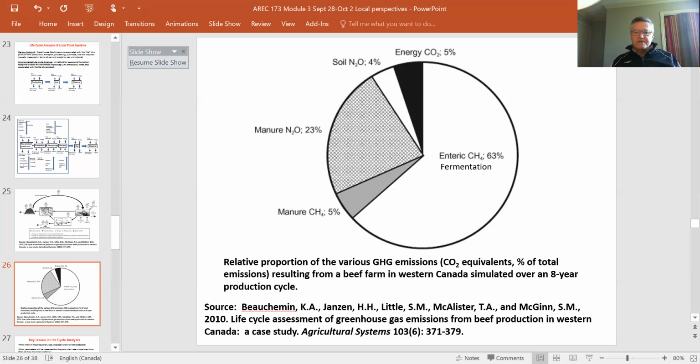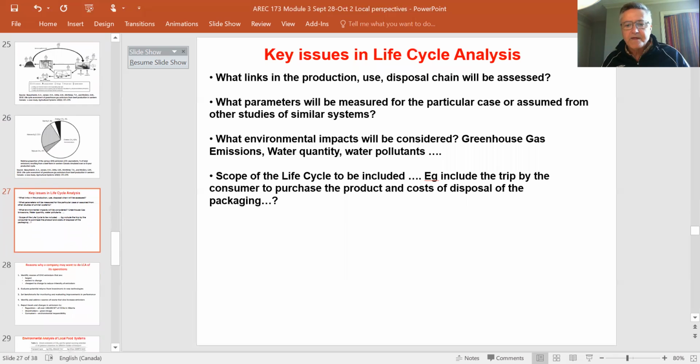About 5% of the emissions are manure, so less than 1/10 that from fermentation in the animal's stomach. So that's basically belches as it's digesting its food, and then you can see the other elements. This is a big deal for beef: how much is this fermentation and enteric methane.